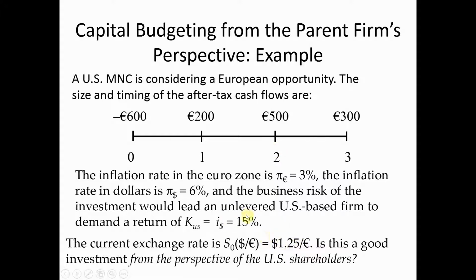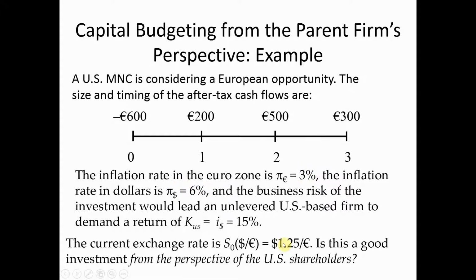Okay, is there a way to solve for the exchange rate in the future? Of course there is, and we have learned that in chapter 6, the parity chapter. Basically, the exchange rate a year later could be forecasted based on the exchange rate today and the inflation in the Eurozone and inflation in the United States.